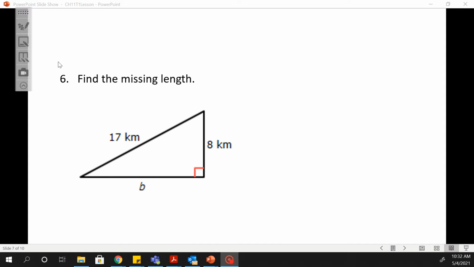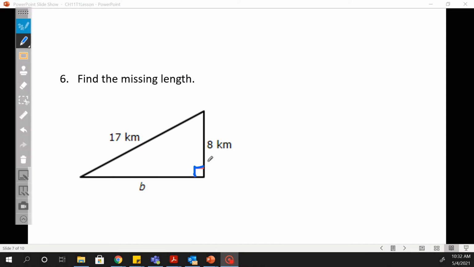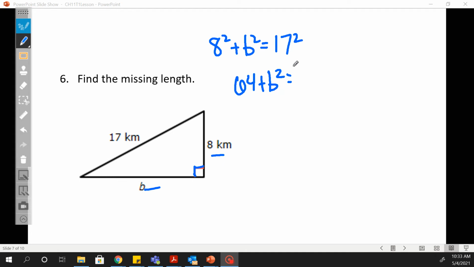Find the missing length. Okay, so here's the right angle, here's the two legs. So the first leg, 8 squared plus B squared is equal to 17 squared. 64 plus B squared is equal to 17 squared, which is 289. Subtracting 64 so that we can solve for B squared, 289 minus 64 is 225.